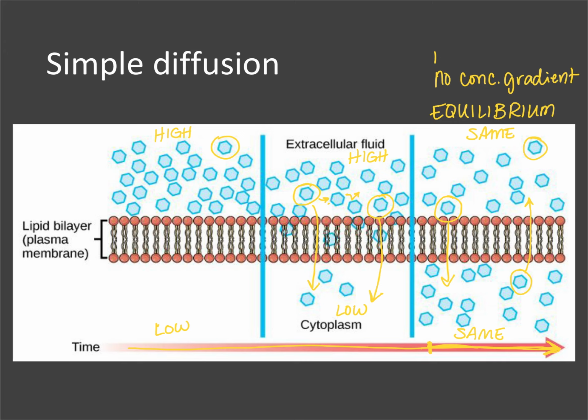And there's going to be no net movement of substance. So that's that one-for-one exchange in which for each one that goes in one direction, there's going to be a molecule going in the opposite direction.